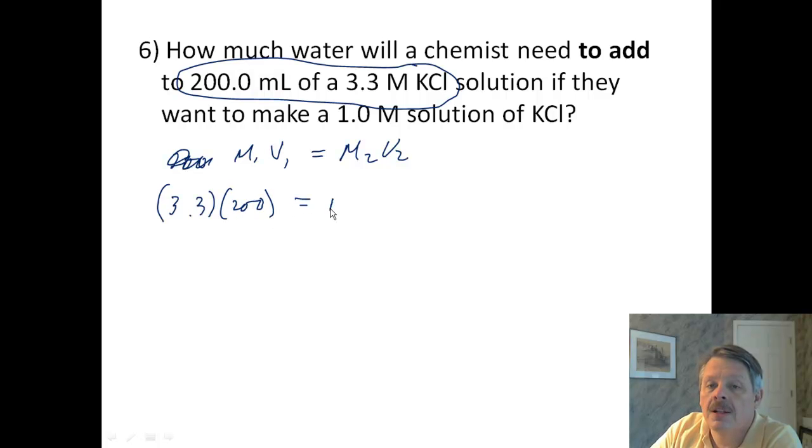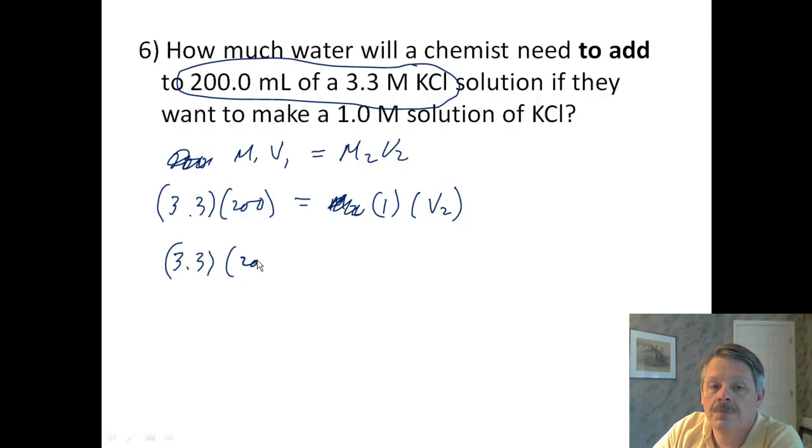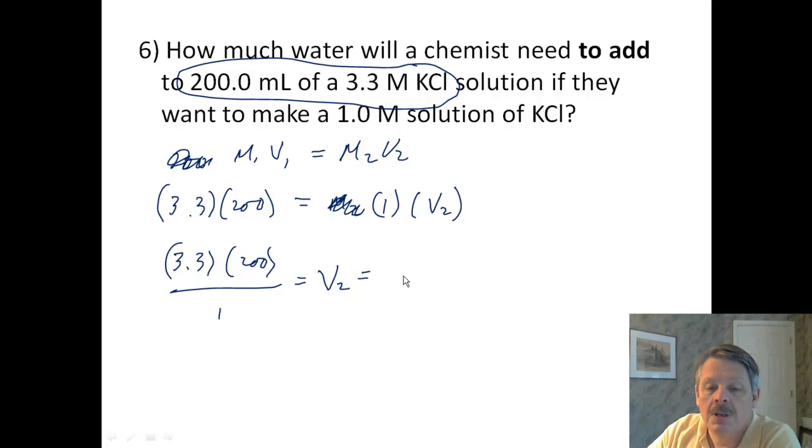Our final molarity is 1, and we don't know our final volume. So let's figure out what this is. Obviously, we're going to have 3.3 times 200 divided by 1 is equal to our second volume. So that's going to be equal to 660 milliliters.